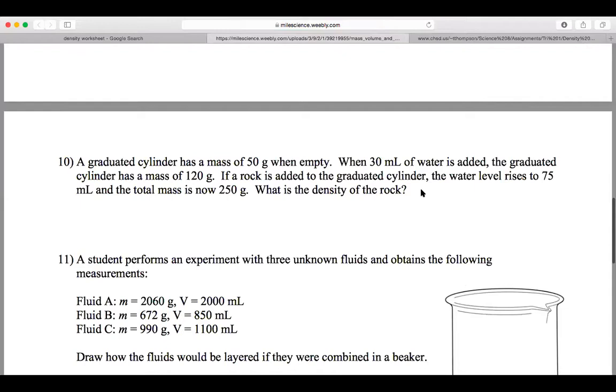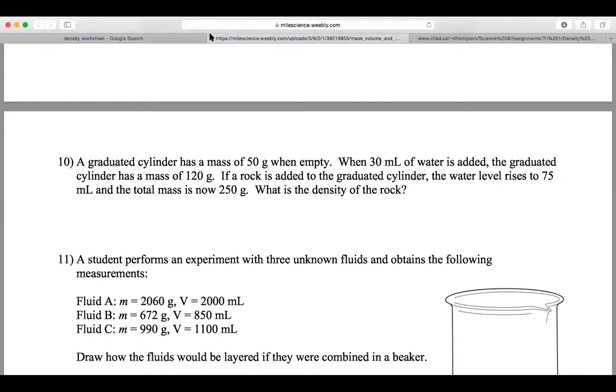Some of them asked for question 10, so I'm just going to repeat question 10. Density of the rock. Density is mass over volume. The mass of the rock is 250 grams minus 120 grams, which is 130. The volume of the rock will be 75 minus 30, which is 45.